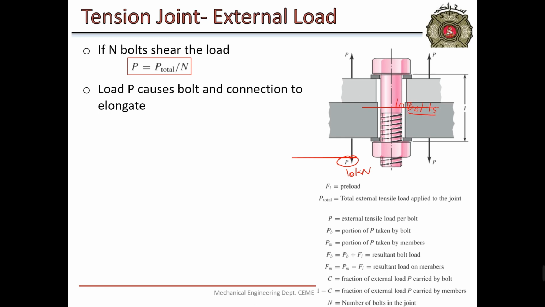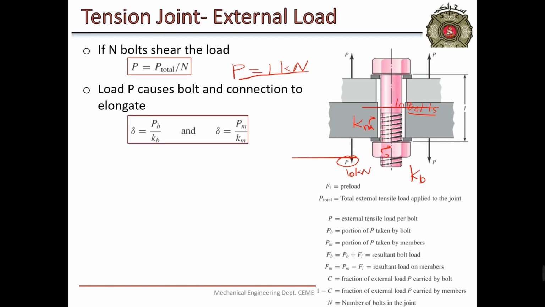So 10 kilonewton, 10 bolts. For one bolt we can calculate that the total load for one bolt is 1 kilonewton. Out of this 1 kilonewton, how much load is resisted by the bolt and how much load is resisted by the members, that we can calculate by kb and km that we have previously calculated.